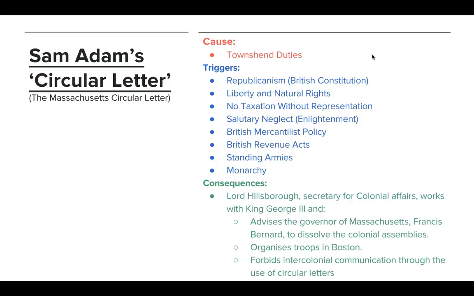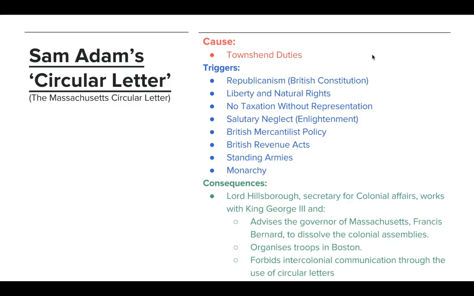He has put actual armies on the doorstep of people in Boston, and he's challenging them by doing so. And he also shuts down the colonial assemblies in Massachusetts, and that is pretty much the colonists' way of acting politically.